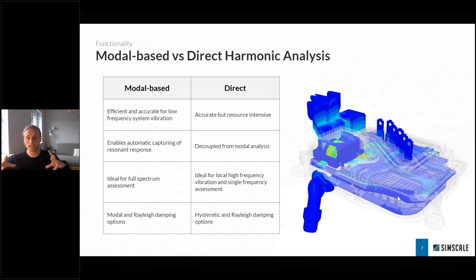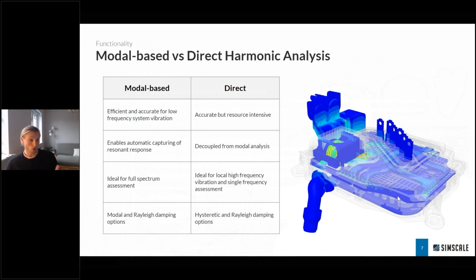So when we're thinking about base excitation, for example road-induced vibrations, we're going up to sort of 500 hertz or so, fairly low frequency, which is where modal-based analysis really comes into its own, as an efficient method for capturing all of the dynamic response in the low frequency range.